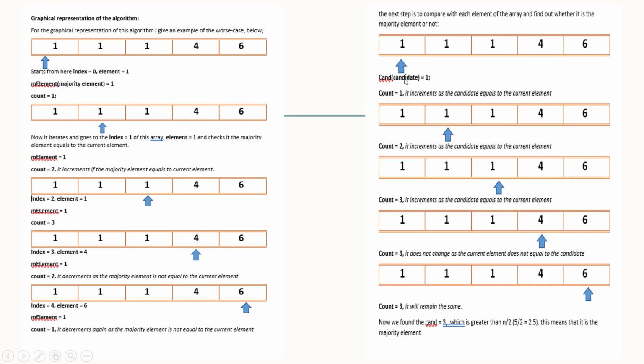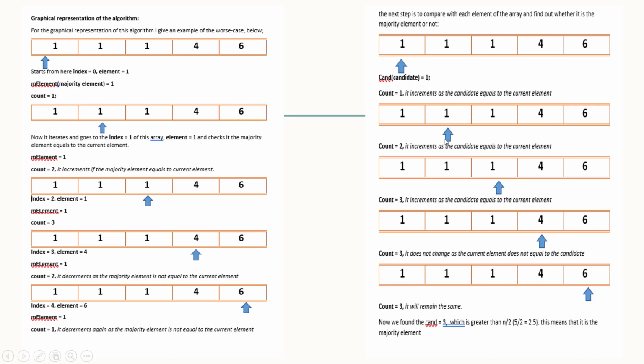So yeah, they are equal. The candidate element is 1, and the first element is also 1, so we increment the count by 1. Now we will go to the second one. The second one is 1, and it equals the candidate, which is 1. So the count becomes 2. We just write candidate here because it's constant and it's going to be 1 till the end.